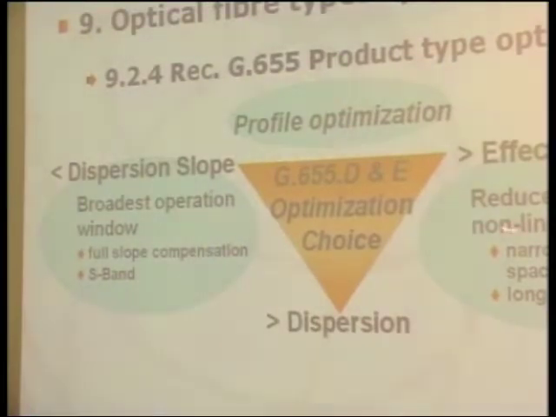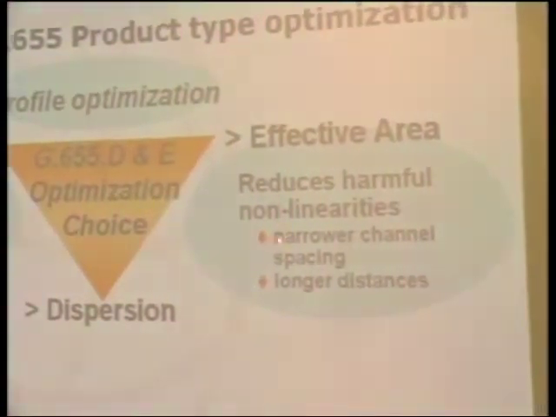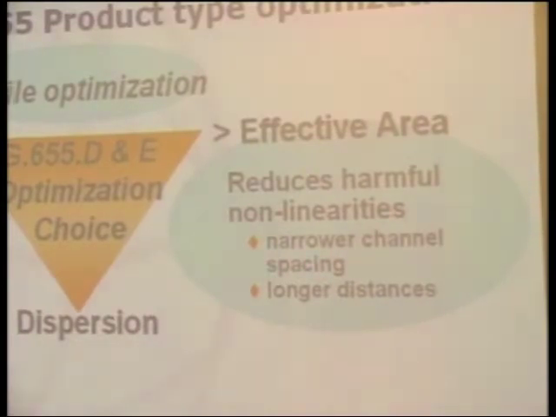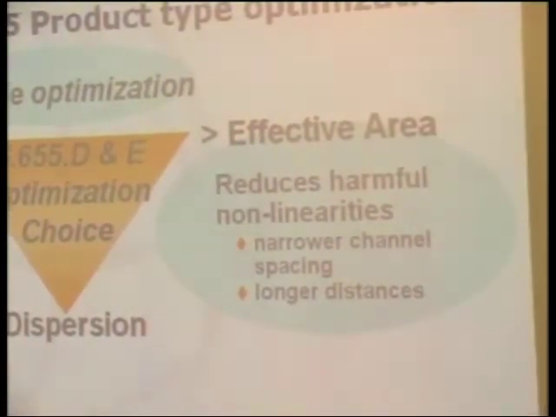So the S-band is not inside this fiber. The higher effective area is, of course, positive for reducing the non-linearity. For instance, you can place the different channels at a narrower spacing to each other. And you can also use it for long distances.